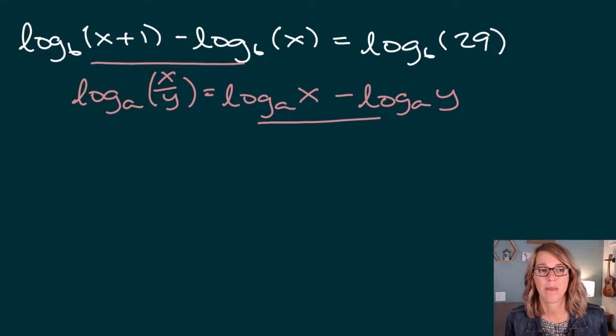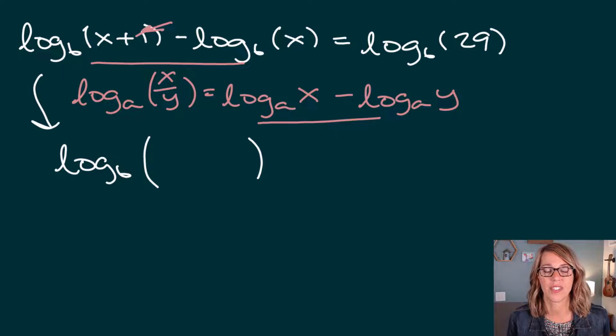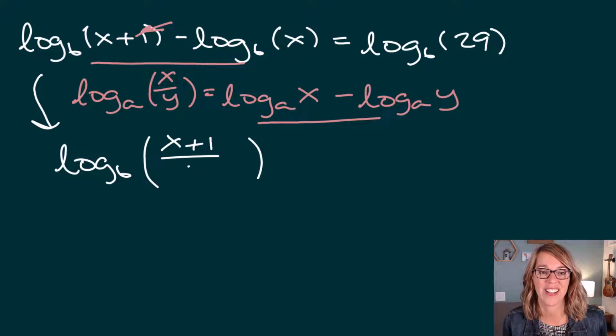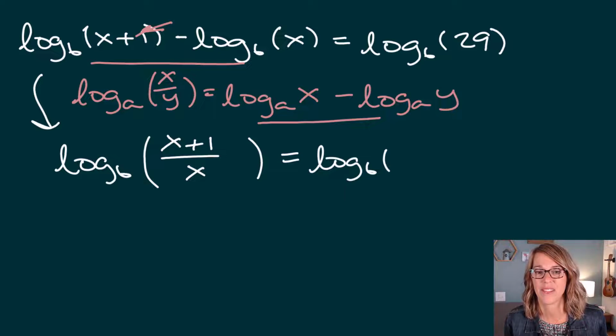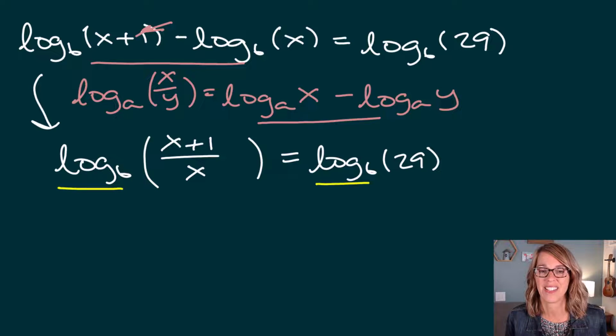So I can go ahead and combine my logarithms into a single logarithm, log base 6, with a fraction inside. My numerator is going to be the first expression, so that's going to be x plus 1 in the numerator. My denominator is the second one, that's going to be an x, and this is all equal to log base 6 of 29. Now this one works really nice. Notice that I've got the same log base 6.